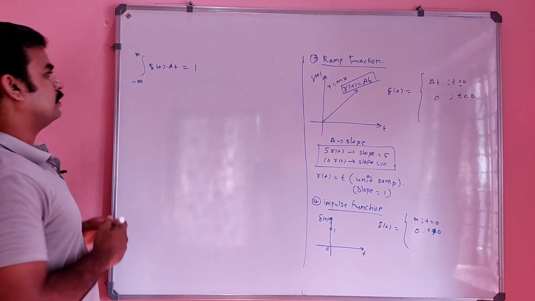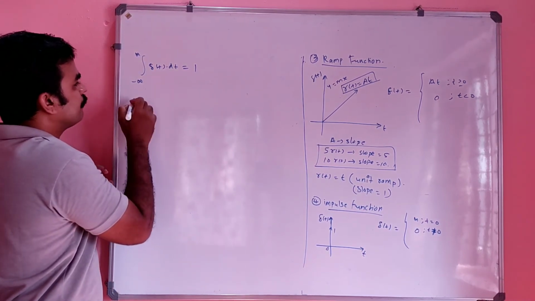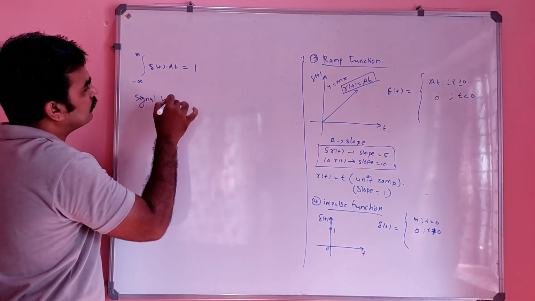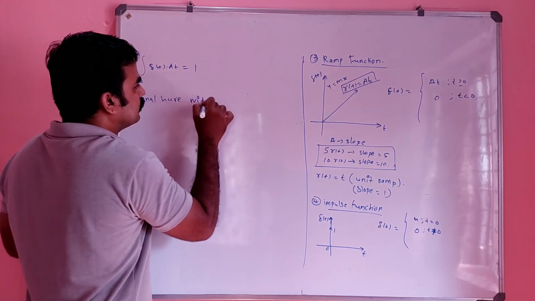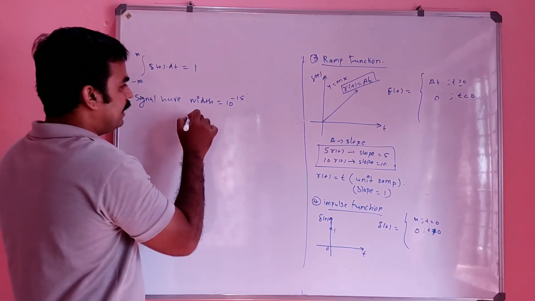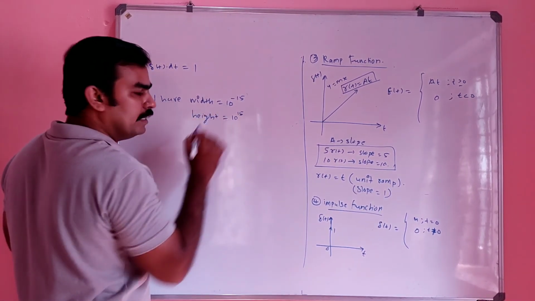An impulse signal is nothing but a signal having, suppose, a width equal to 10 raised to minus 15 and a height equal to 10 raised to 15.